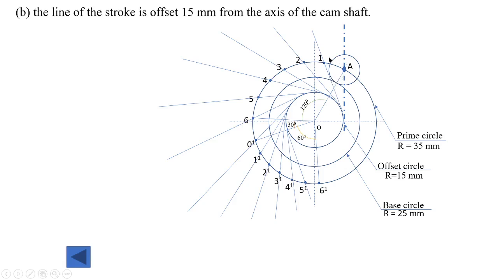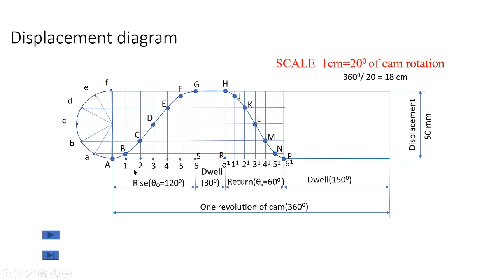When the roller follower rotates through 20 degree, the center of the roller is lifted from the prime circle through a certain distance. You will get this information from the displacement diagram. You measure this distance. So when the cam rotates 20 degree, this is the displacement of the follower.